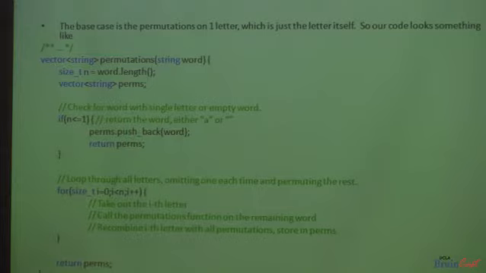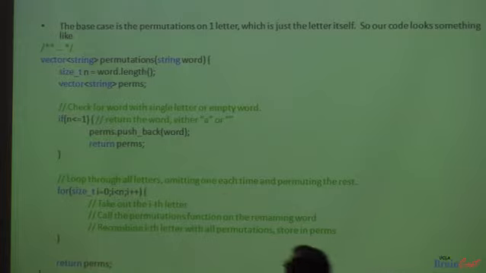Okay? So let's think about this. When we have a word, let's say it's the letter A that gets input. We don't just want to return a string data type with the letter A. We want to return a vector with one element, right? And that is the string itself. That's the code up there.